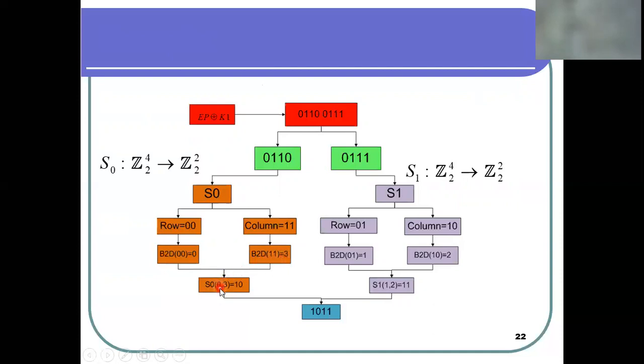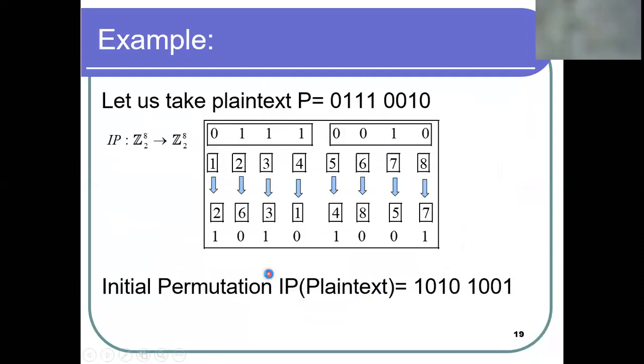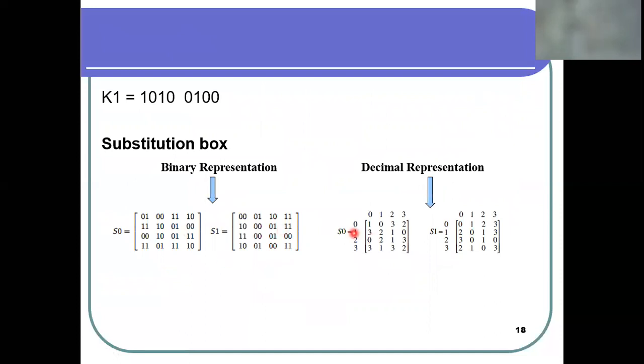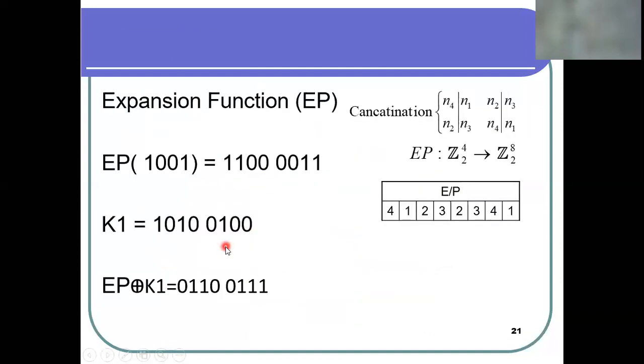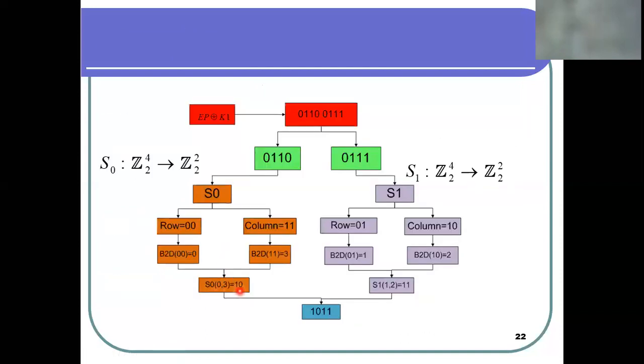So you take the zeroth row and third column, and here you can see in the substitution boxes, the zeroth row and third column output is 10. So the output will be 10.